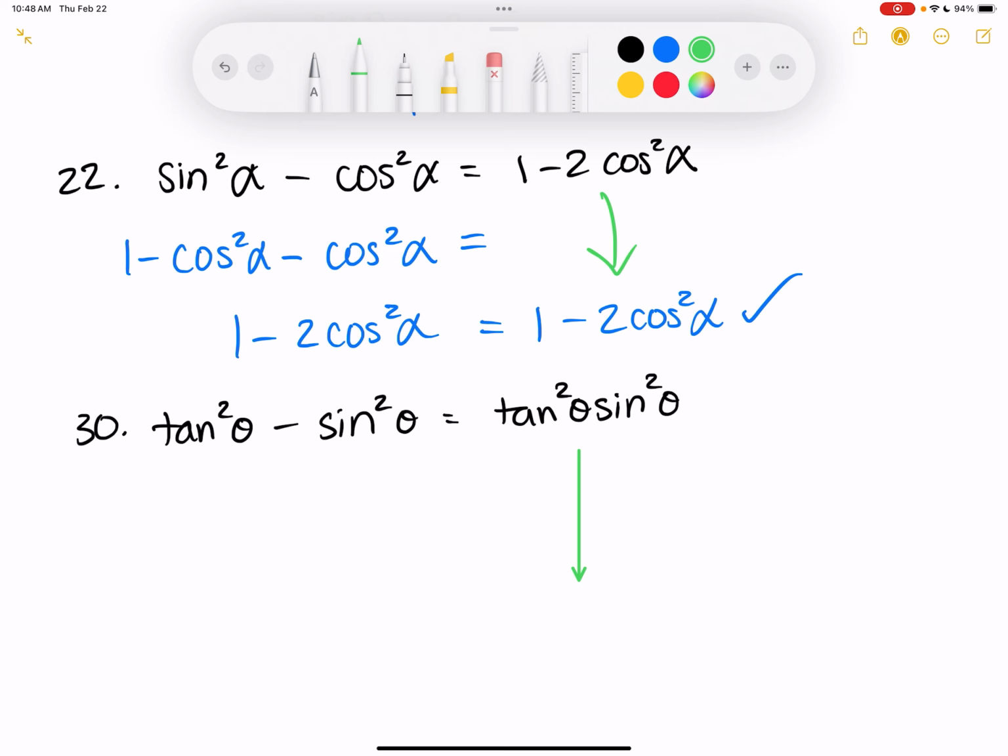What were you going to say to do with tangent? Make it sine over cosine? That's my thought initially, but again, I don't know. I don't have this one written down. This one looked interesting, so I was like, let's try it. So this would be sine squared theta over cosine squared theta minus sine squared theta.